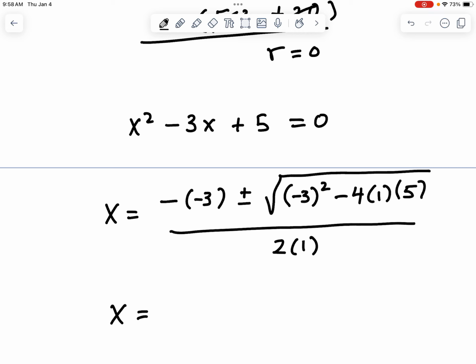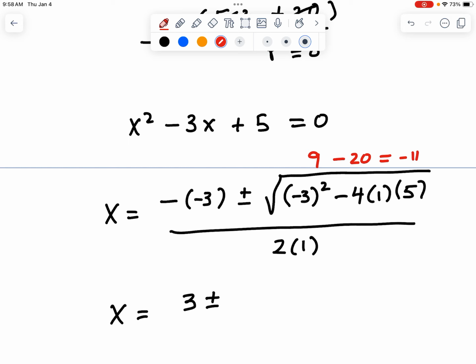Okay, so let's see, negative b is positive 3, plus or minus, how much is inside the square root? Well, negative 3 squared is positive 9, minus 20. 9 minus 20 is negative 11.